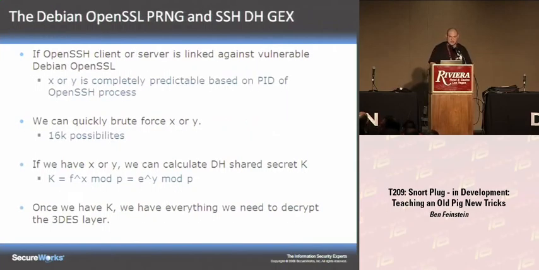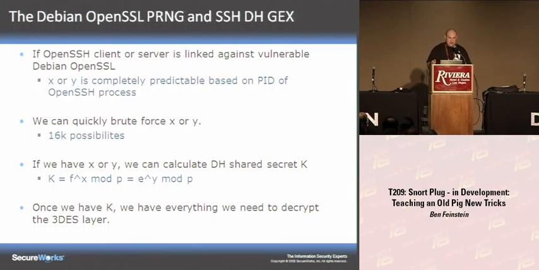So when does this occur? When do you have a problem here? Well, if you have an OpenSSH client or server that is linked or statically compiled against the vulnerable Debian OpenSSL. I believe OpenSSH actually calls the rand bytes function that was found to be the problem. The X or Y values generated by the server and client are completely predictable based on the PID of the OpenSSH process.